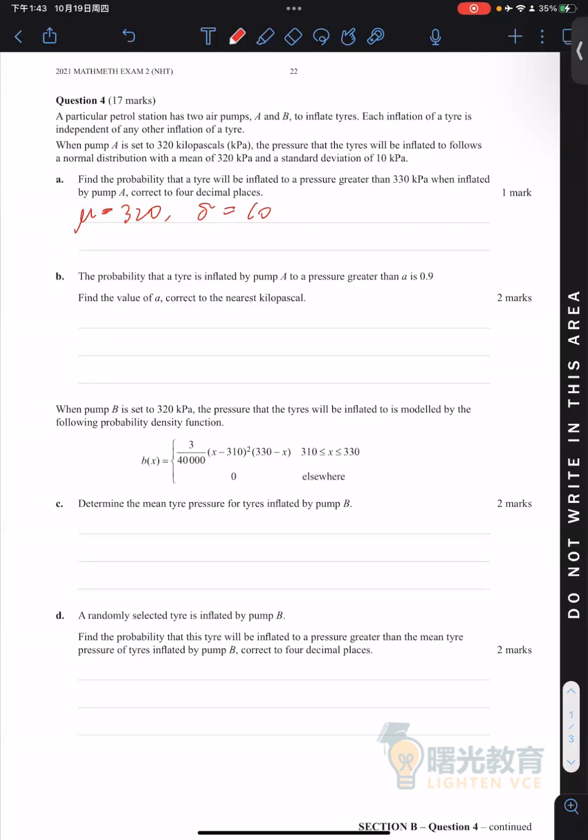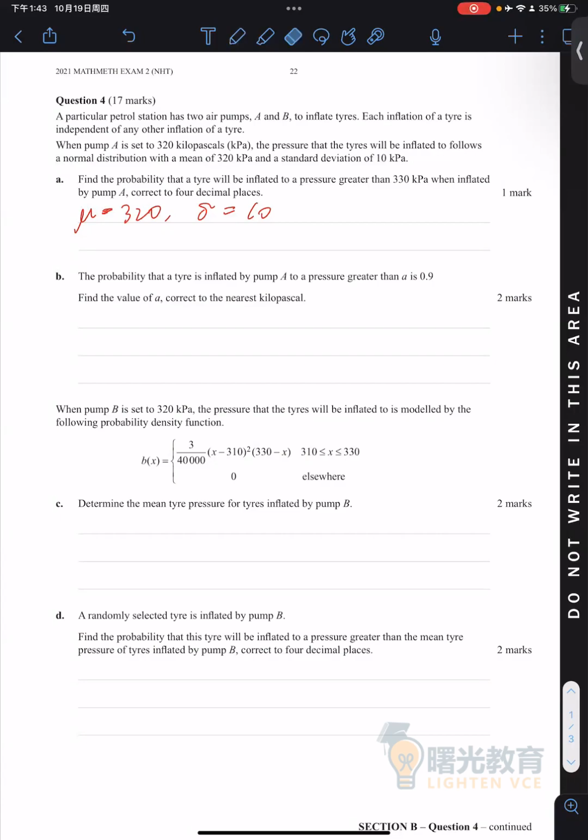After we do the normal distribution, we can directly read the answer from the calculator, and we must be careful about the requirement from the question. If the question mentions 4 decimal places, then we keep 4 decimal places.